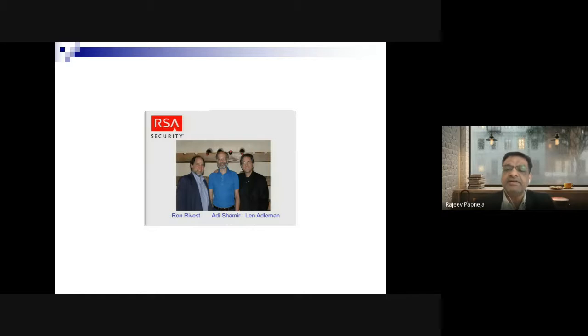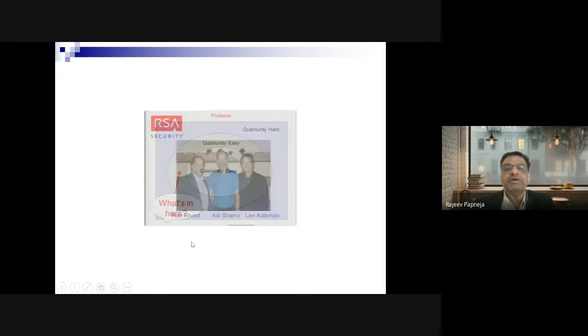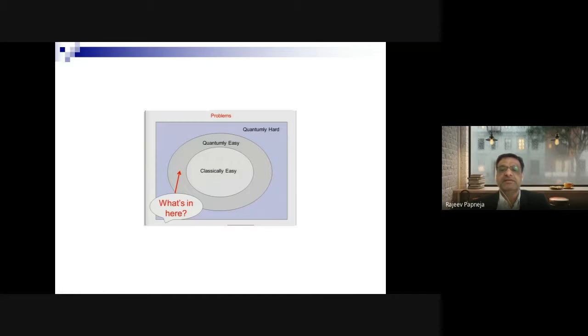The really important thing that we learned from Shor is that if we look at the class of computational problems, there's an important distinction between the problems which are easy for classical computers and the problems that are easy for quantum computers. They are a totally different set of problems.